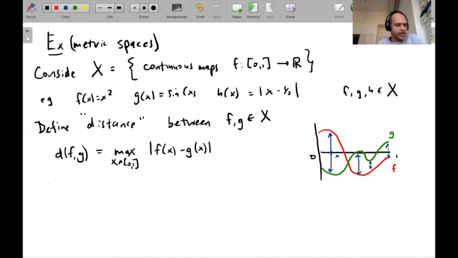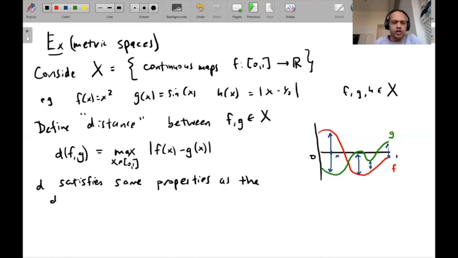So we call this a distance because it satisfies the main properties of the usual distance function on Rn.